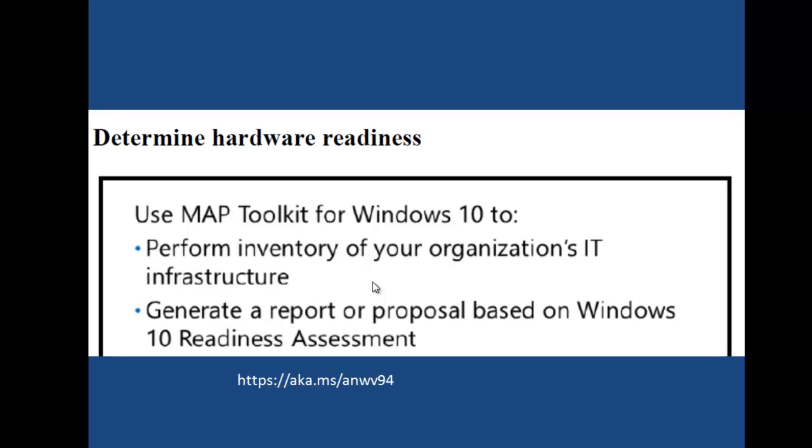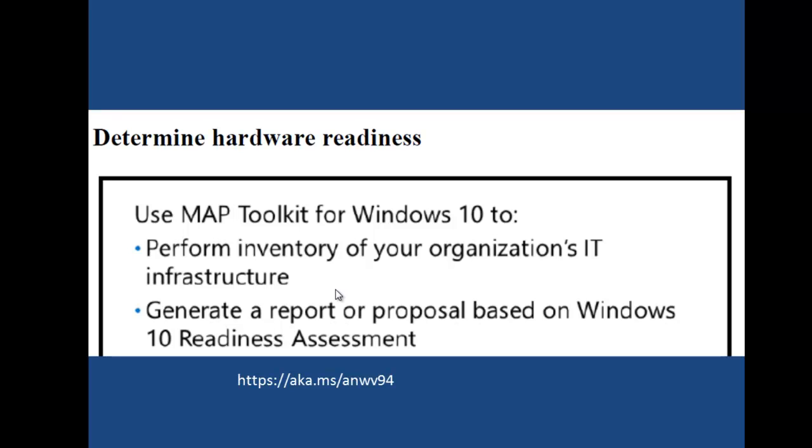Well, luckily for us, Microsoft gives us a tool called the MAP Toolkit for Windows 10. This tool helps determine whether or not your client computer is ready for the installation of Windows 10. When you run this software on your computer, it will collect the information and simply give you a report.